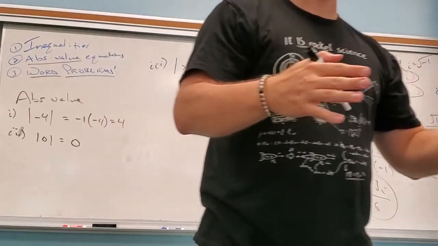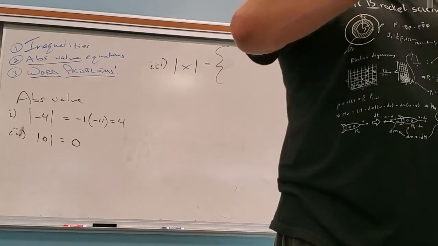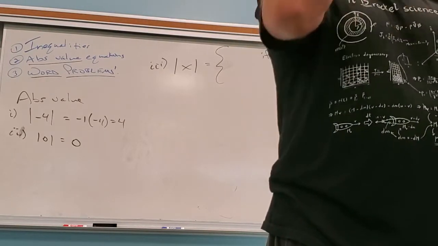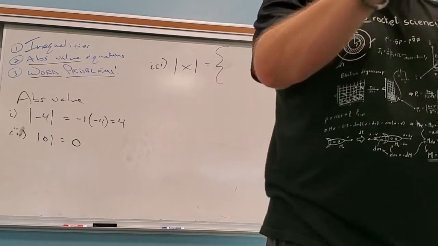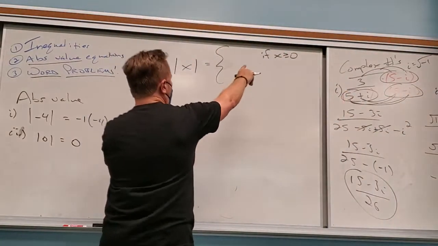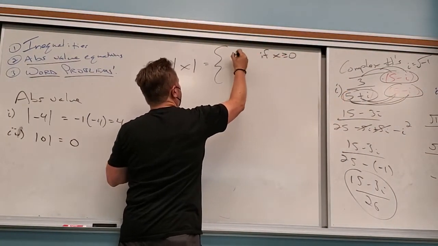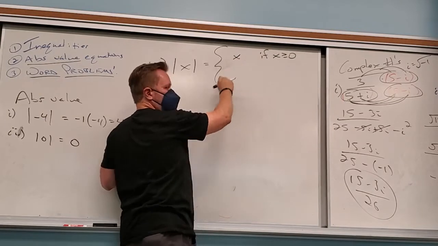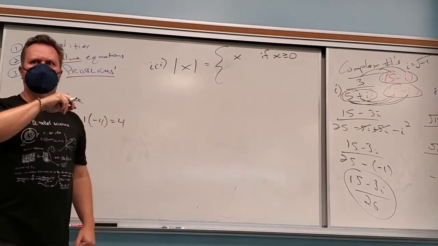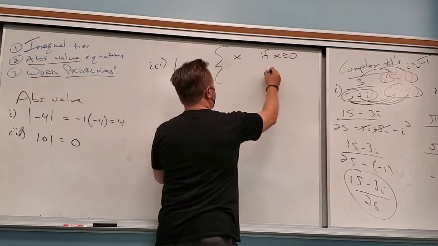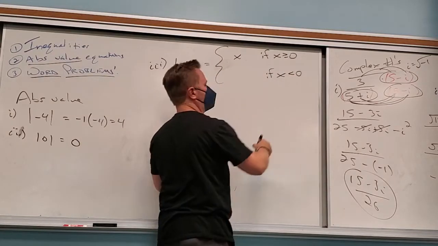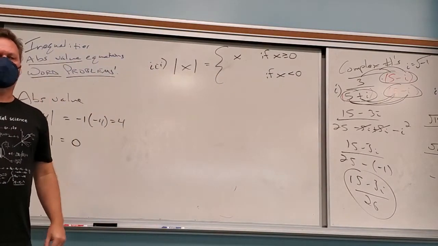Absolute value of 3 is? 3. If the input is 0 or more, does the absolute value do anything to the number? No. Keeps it the same. So if my input is at least 0, the output is x. If my input is negative, what am I going to do to it?